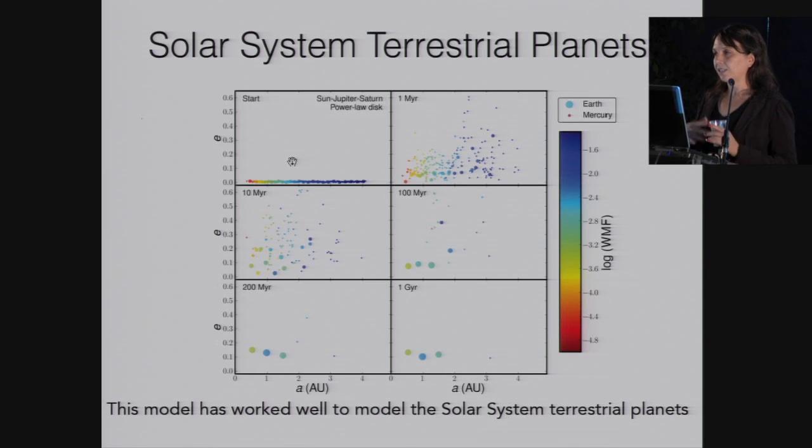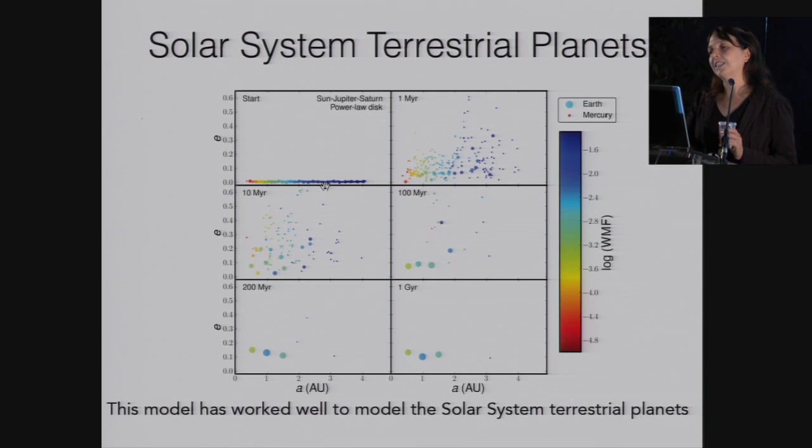When you start the simulations, within a million years you start to get this dynamically excited disk. You get more frequent collisions, and they typically grow into stable orbits, roughly planets that resemble our solar system planets, on the order of 100 to 200 million years.